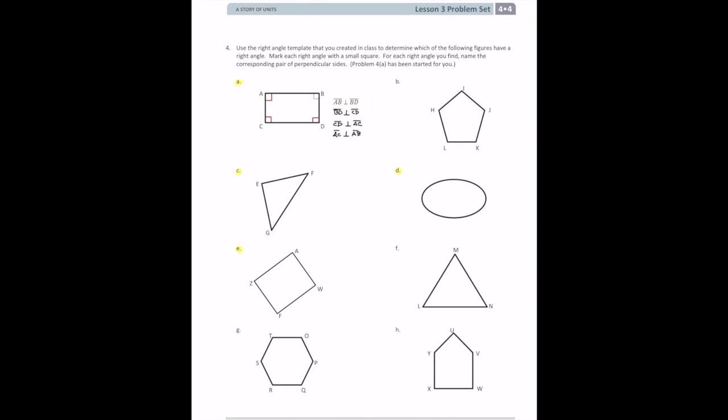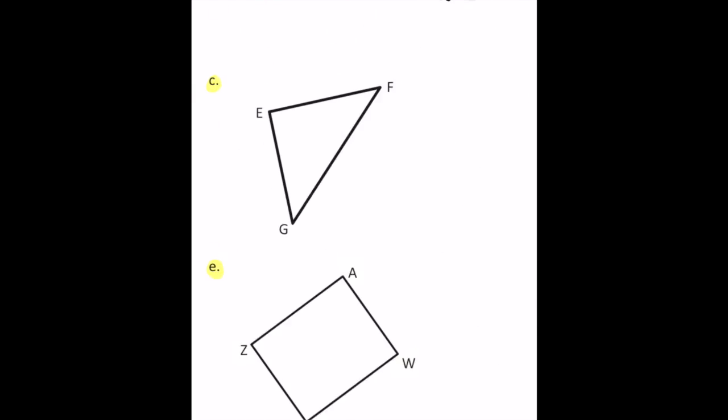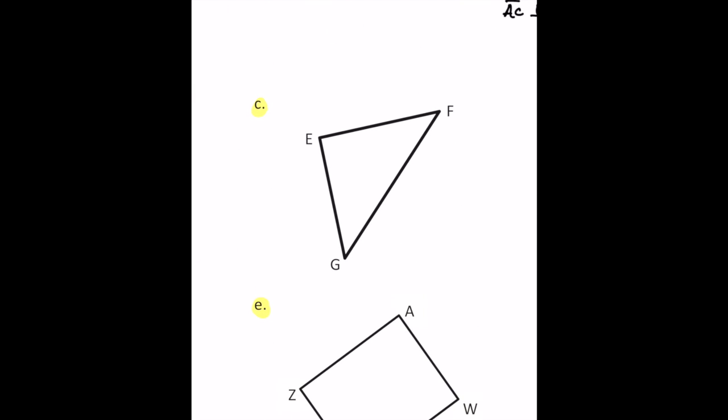Okay, another one, let's take a look at C. We call that a triangle, don't we? It has three sides. And are there any angles that could be considered perpendicular? If you use your protractor, I bet you can identify that this is indeed perpendicular right there.